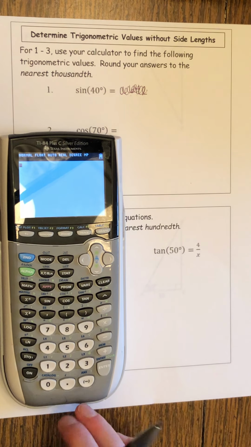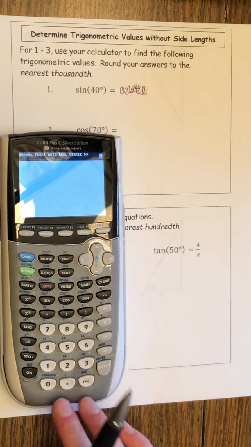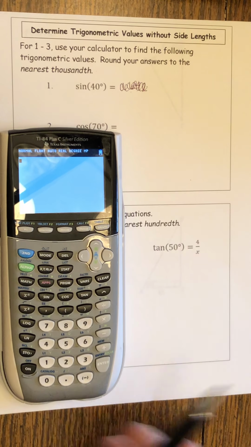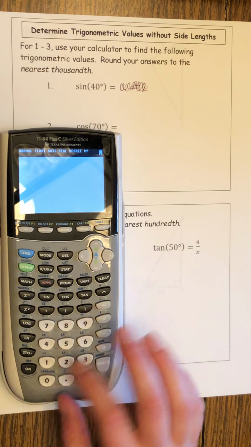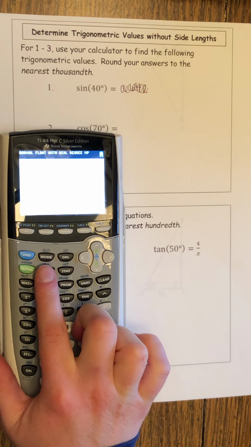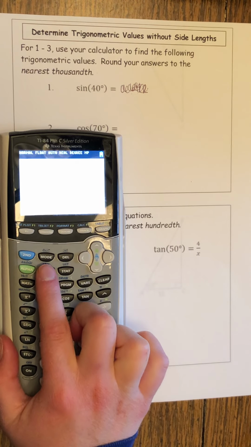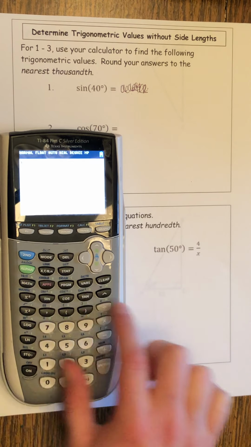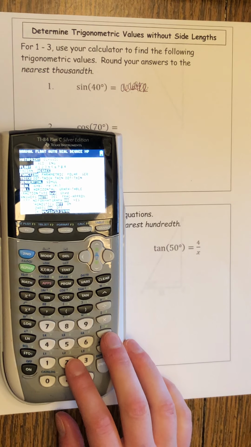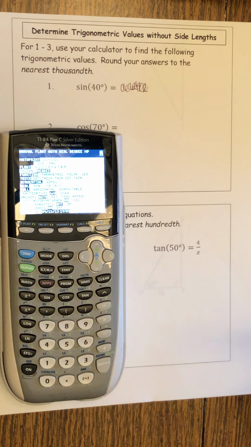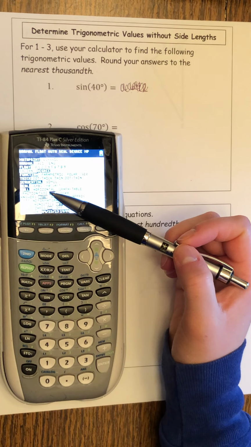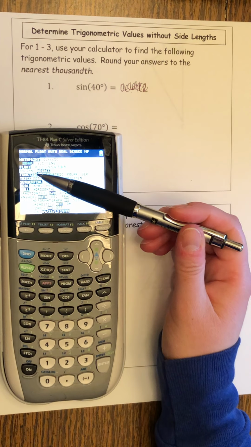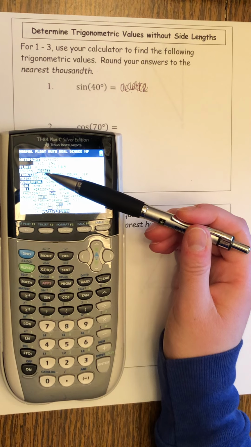In case you're using a graphing calculator, I know a few of you have been using this in class, I just want you to make sure you're on the right mode. So when you turn your calculator on, go to the mode button. It might be hard to see on the video, but the third or fourth line down, it says radian and degree.